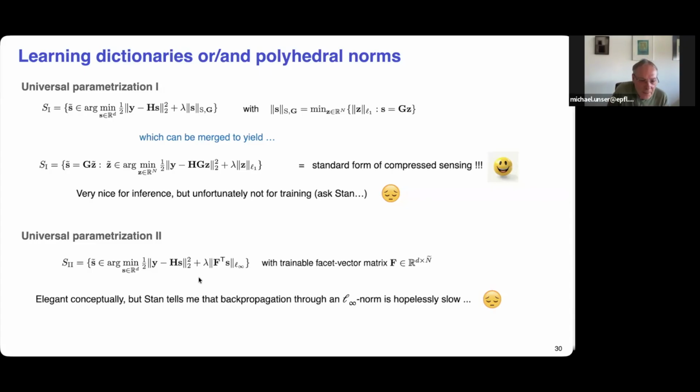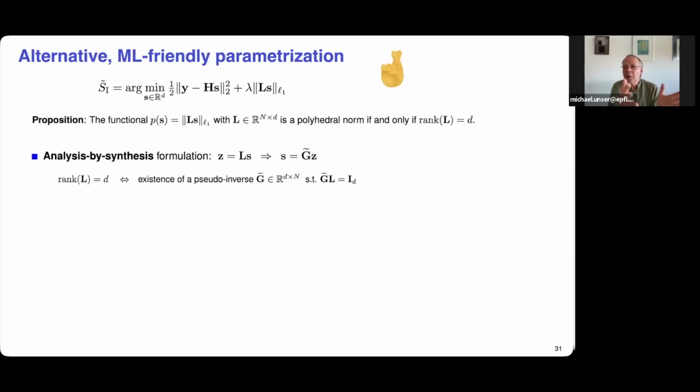So it's elegant, but now Stan, the concrete guy, tells me that it looks nice on paper, but if you do backpropagation with this kind of setting, because you have the L infinity norm, when you backpropagate it will only backpropagate on the ones that are active, and so that will be very slow to converge. So we are now in a case where we have a nice theory, but we don't really know how to train. And so here is a solution.